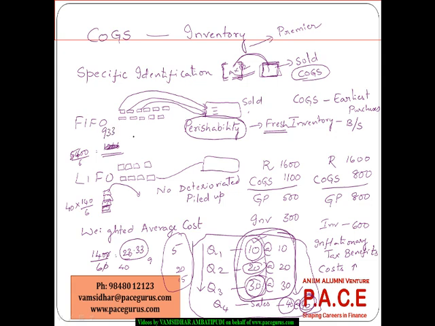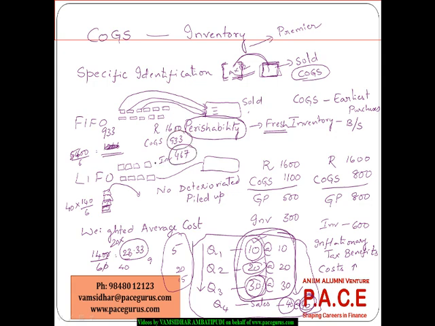So revenues are 1600. The cost of goods sold will show the 933, and the inventory will be associated with the remaining 20 into 23.33, which is around 467 or something. That is coming out as the inventory.